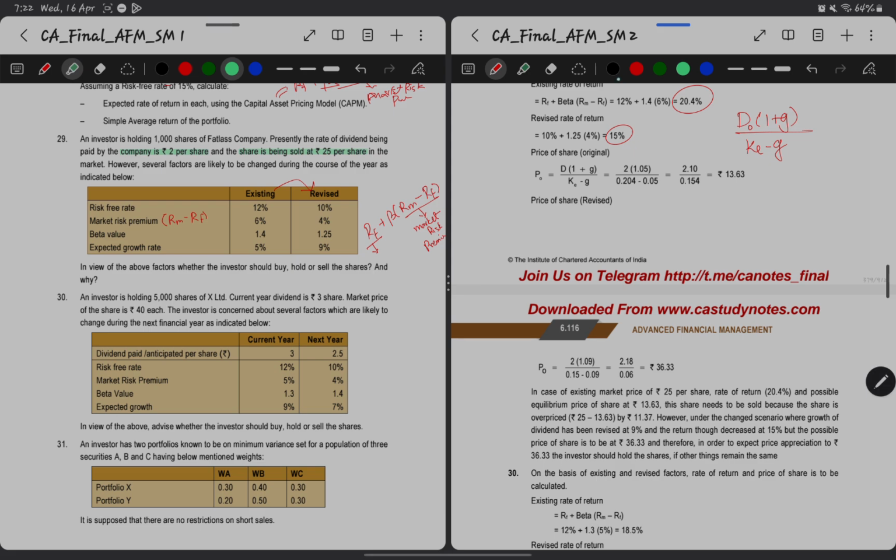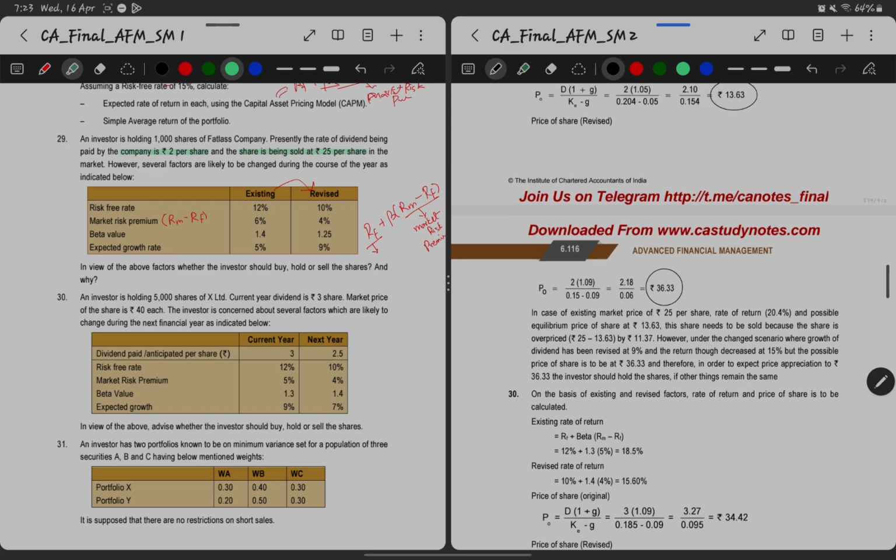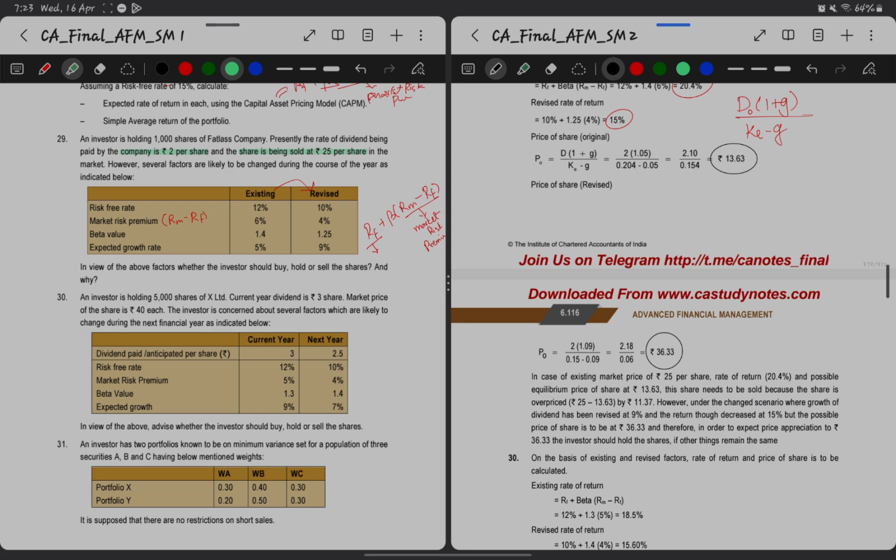Now price of original share is given as 13.63 and the revised one will be 36.63. Now in case of the existing market price, which is 25 per share as they have given, when we compare it with the existing theoretical price of the share, which is 13.63, the actual market price is higher, which signifies the share is overpriced by 11.37.